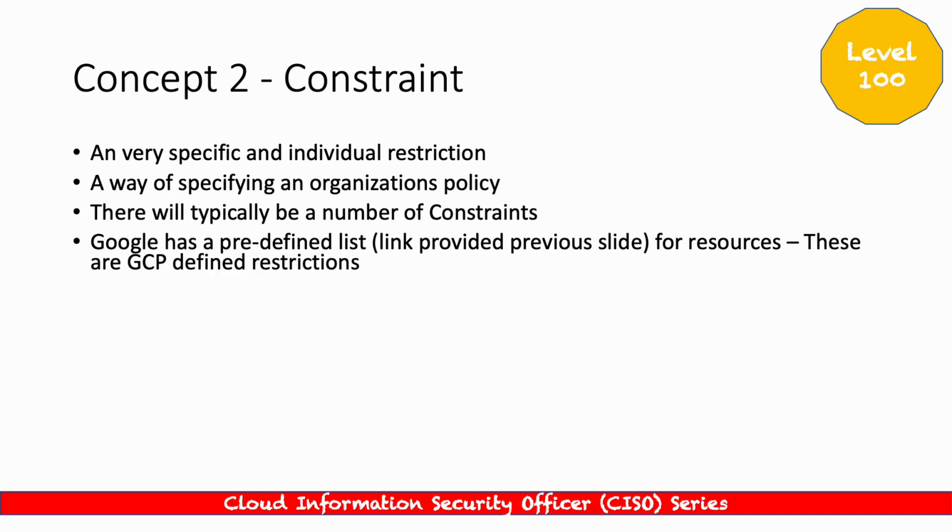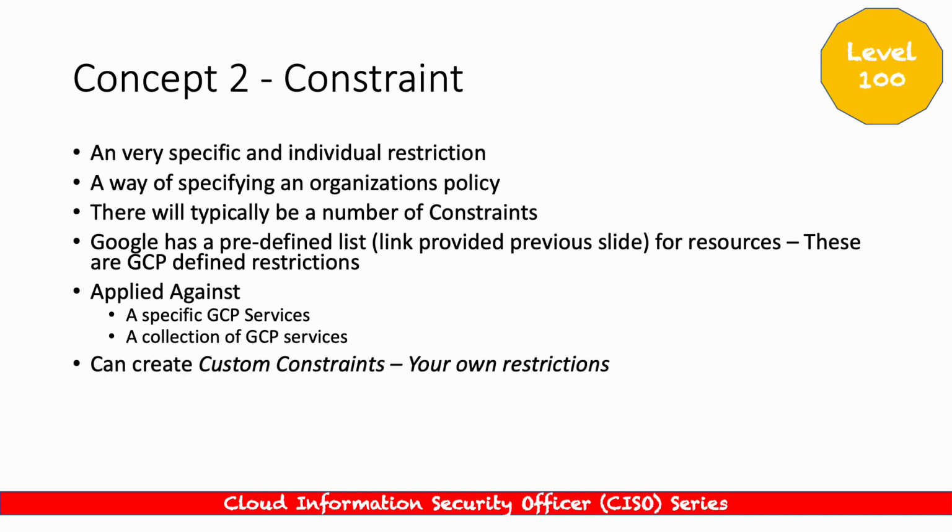As I mentioned before, Google has their own predefined list, and these are essentially GCP defined restrictions. These constraints are applied against a specific GCP service or a collection of GCP services, so keep in mind that you do have those two options. And something I alluded to on the previous slide is that you can create your own custom constraints, your own restrictions, so to speak.